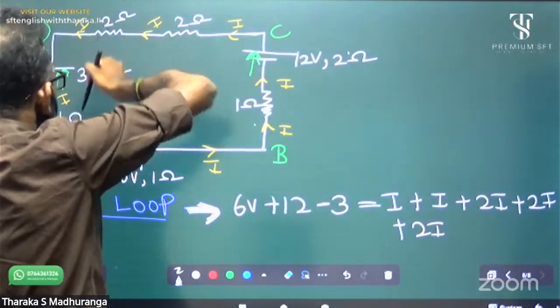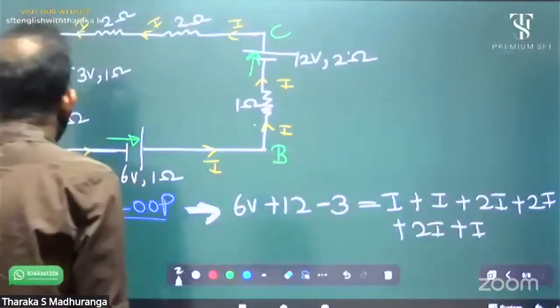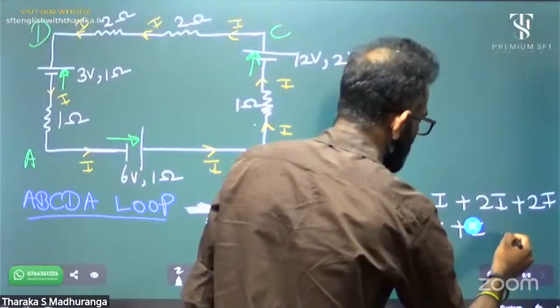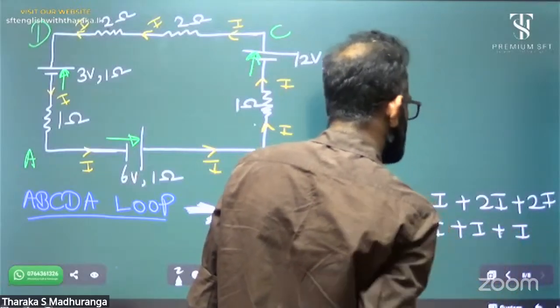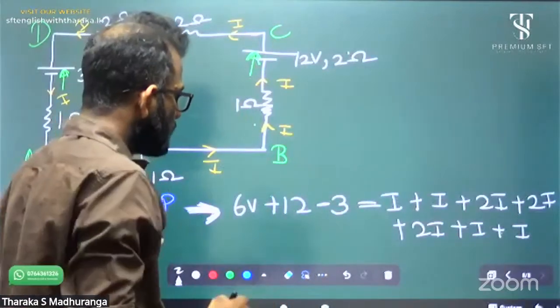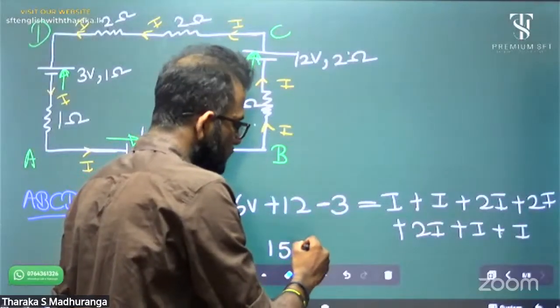My direction same, again I, again I. Okay, that's all. And now 6 plus 12, 18. 18 minus 3 is 15. 15 volts equal.